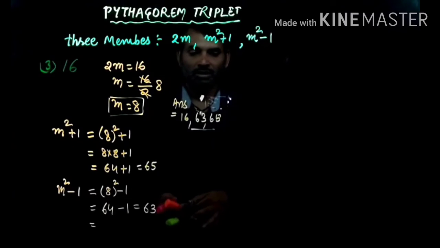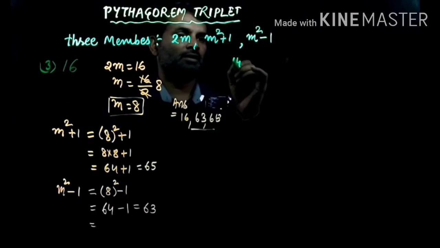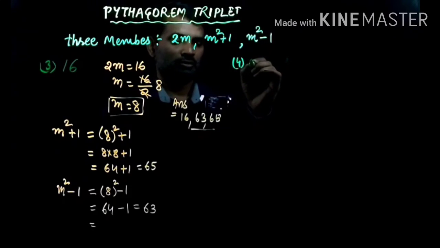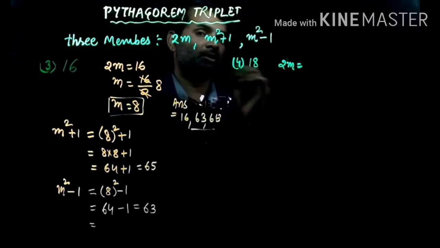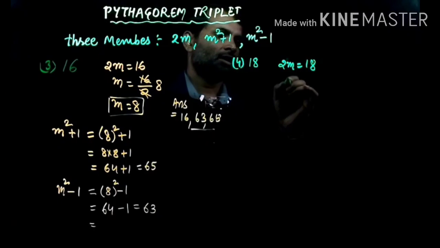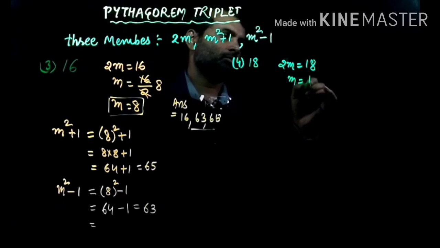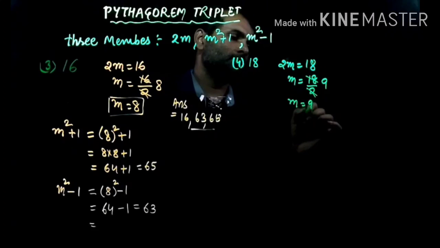And the fourth question: the given number is 18. First compare with 2m, because 2m is the first member of the Pythagoras triplet. 2m is 18, so m is equal to 18 upon 2, which is 9.